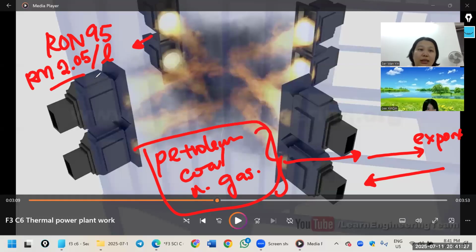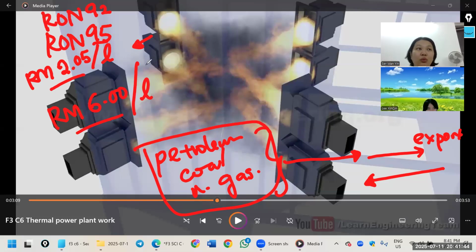If we go to another country like China, their RON 95, 1 liter needs around 6 ringgit, so most of them just use RON 92. Then RON 97 in our country, I think 3 ringgit something. I don't know, I don't use it.